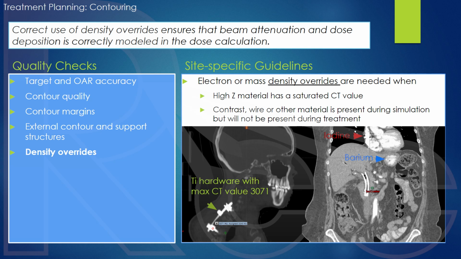And many times it's not, in which case this material should be overridden to the density of what will be there at treatment. So maybe it's nearly water equivalent or soft tissue equivalent for, say, the heart or the stomach, or it could be that there's a wire on the patient's surface that really should be modeled as air because that wire will not be there for treatment.